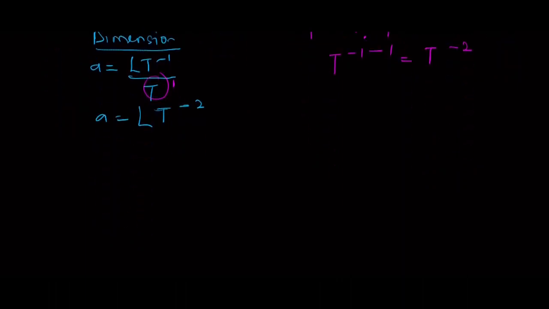Let's work out the unit of acceleration. The unit for velocity is meter per second, while the unit for time is seconds. We follow the formula for acceleration, and since we only have one parameter here, meter, but we have two s, we can solve it the same way we analyzed the T. You can say s minus 1 divided by s raised to the power 1, and pick one of the base, that is s minus 1 minus 1.